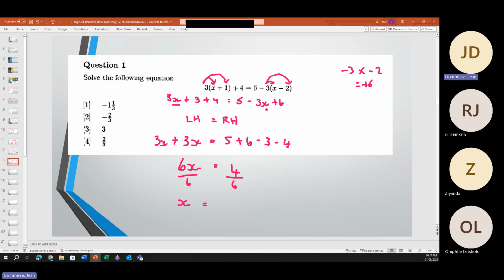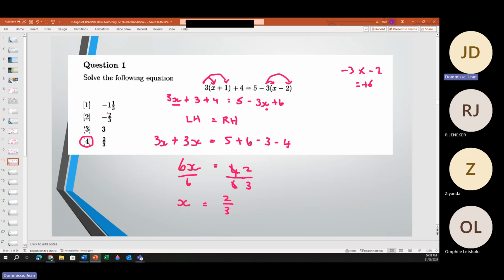How to simplify it is, I say, well, what can go into 4 and into 6? So 2 can go into 4 twice, and 2 can go into 6 3 times. So we are left with 2 over 3. And if we look at the options, option 4 is 2 over 3.